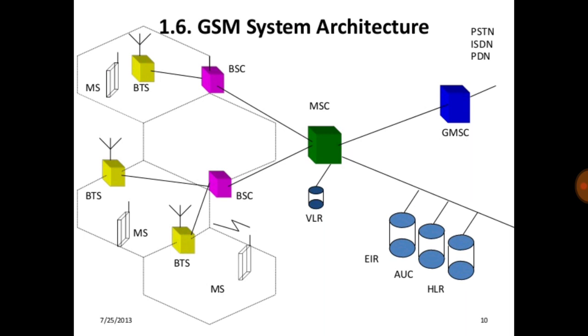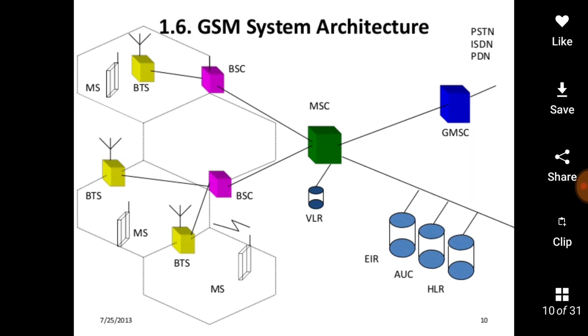In this architecture you can see that MS is the mobile station and BTS is the base transceiver station, which is a tower. If it is placed in the middle of the hexagon, an omnidirectional antenna is used.